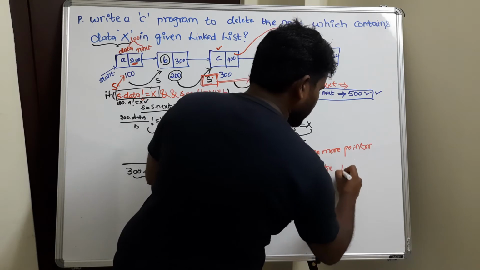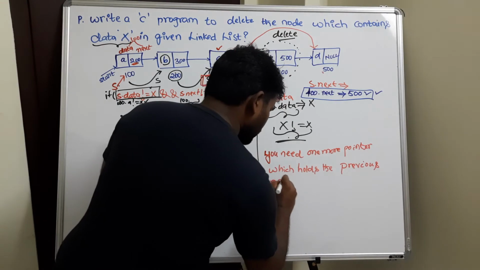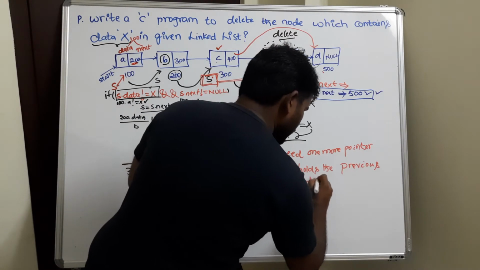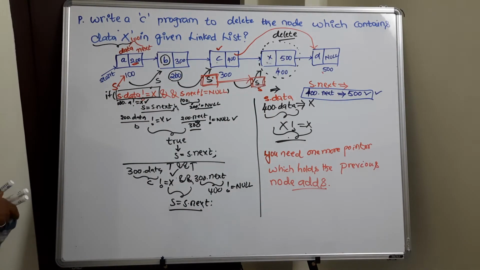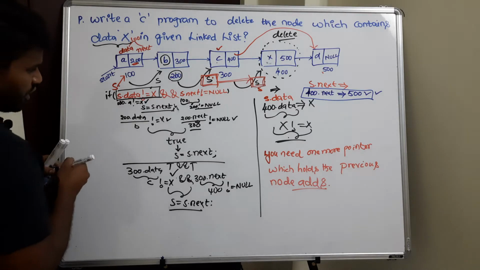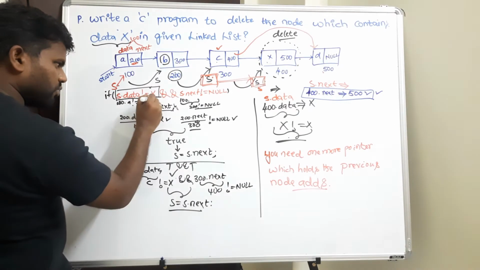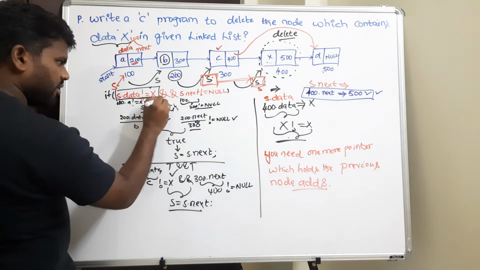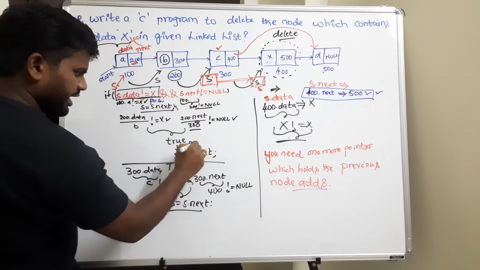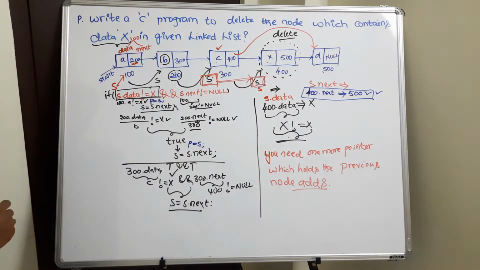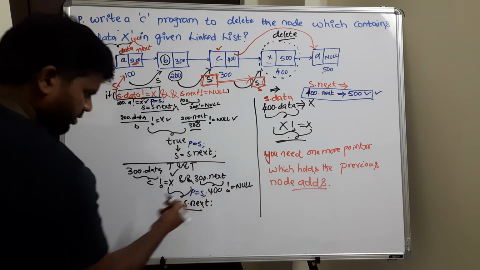We discussed in the previous class that whenever you are moving s is equal to s dot next, before that you can assign p equal to s. Again here also you are moving to the next node, before that I am assigning p equal to s. Again here also you are moving, before that p equal to s.